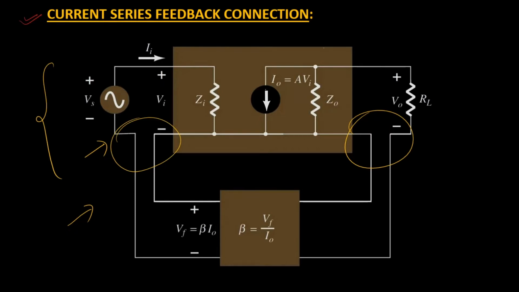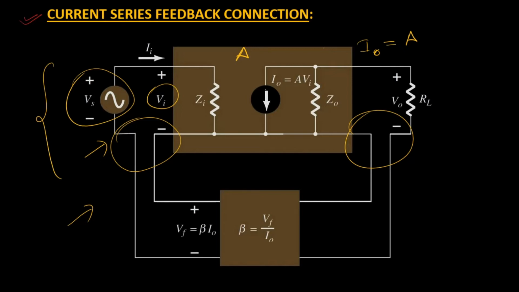For this network here, we are supplying an input voltage value that is Vs, and we are getting I naught as the output. Now suppose the gain of the amplifier that we can see in this brown box is A. Then this Vi is the voltage or potential developed across the input terminals of the transistor.